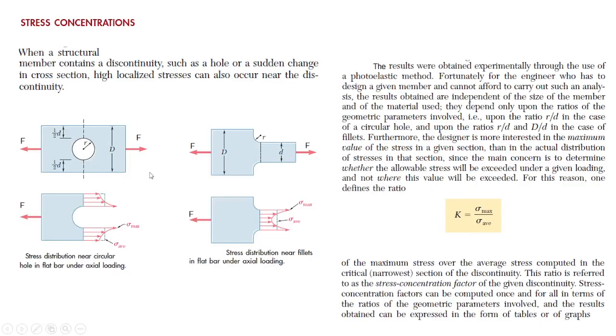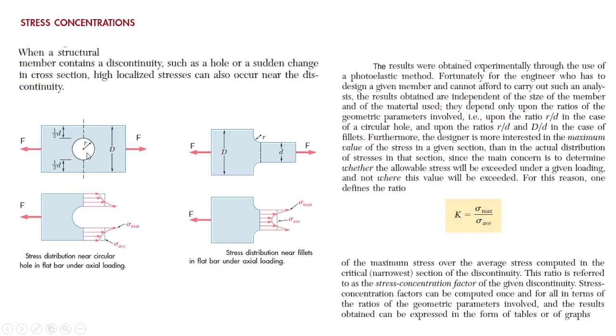For instance, we have a prismatic object and it has a hole. A hole is a discontinuity, an empty space. When we select the cross section where we have such an empty space and calculate the engineering stress, at the cross section, calculating the cross-sectional area considering the empty space, we find the average stress value.